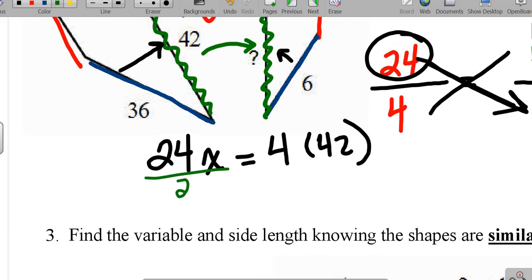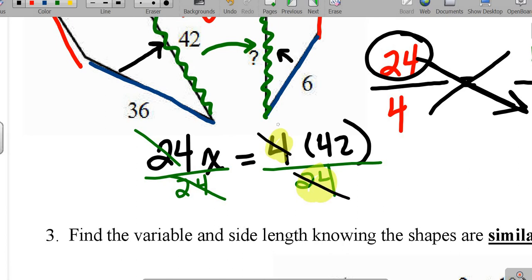I'm going to divide by 24. So I'm going to reduce what I can reduce. I can reduce 4 into 24. That's 1 and 6. Then I can reduce 6 into 42. And I get 7. So I get here x equals 7.